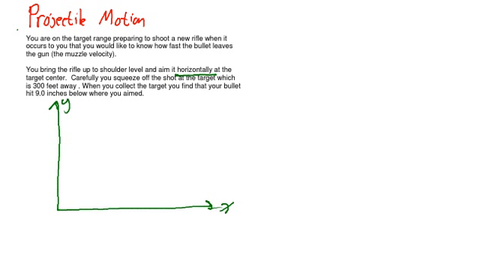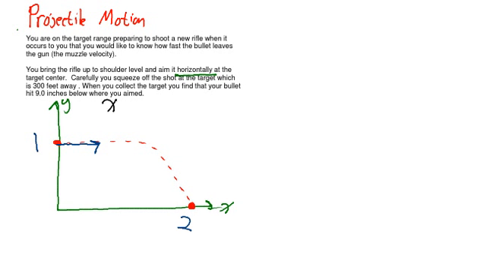Let this point represent the bullet when it leaves the gun, and then we'll tap out the motion, and this bottom point represents the bullet when it hits the ground. Because the rifle is launched horizontally, the velocity of the bullet is completely in the positive x direction in our coordinate system.